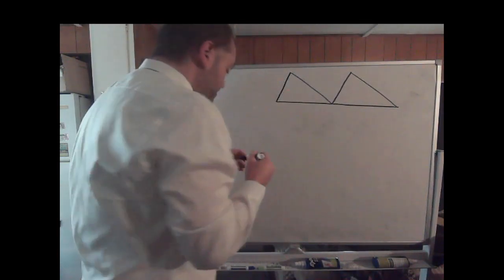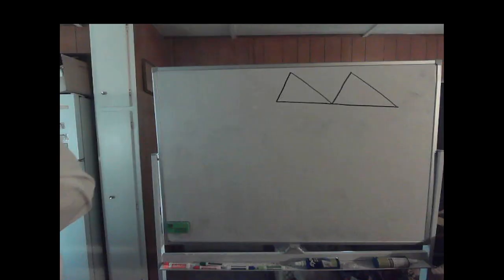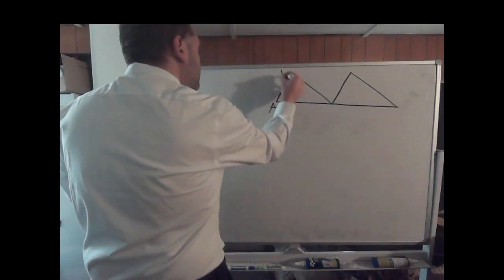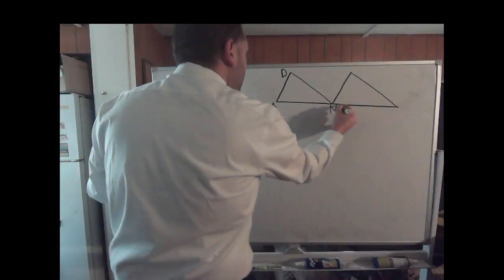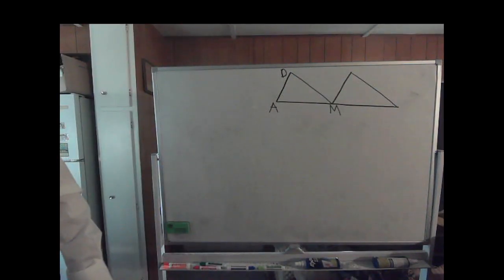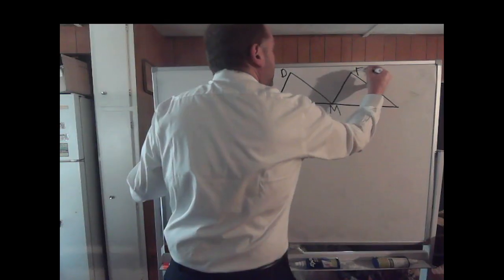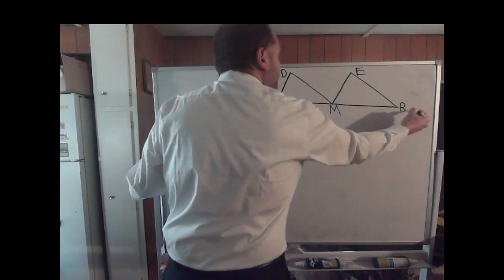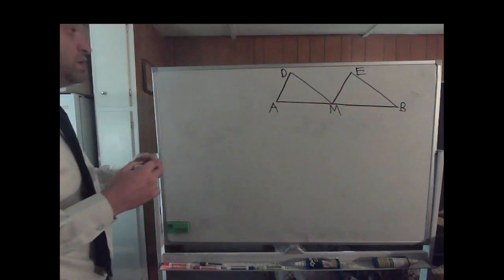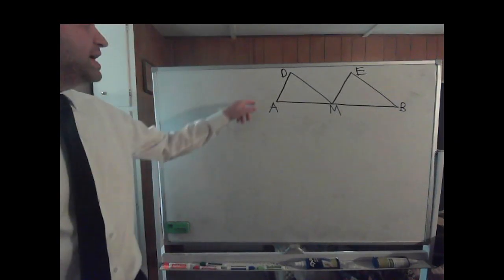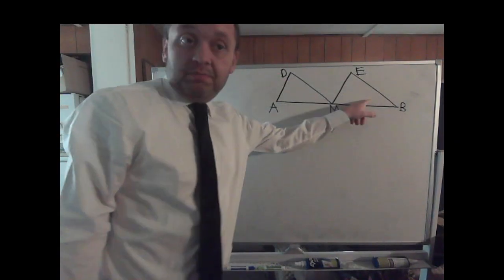Alright, so we have our 2 triangles. We have ADM, EB. Okay, so we have 2 triangles side by side, ADM and MEB.